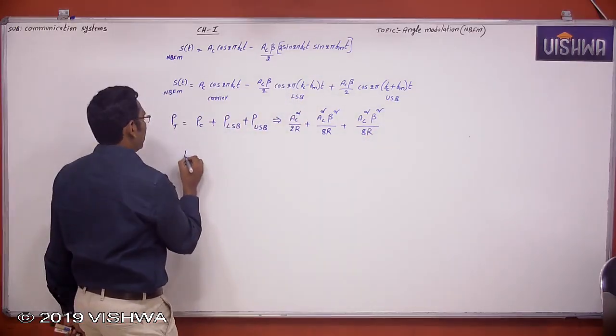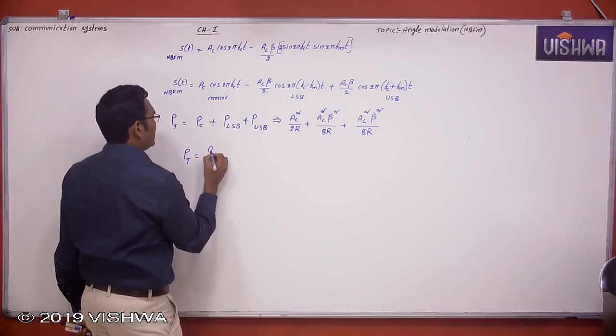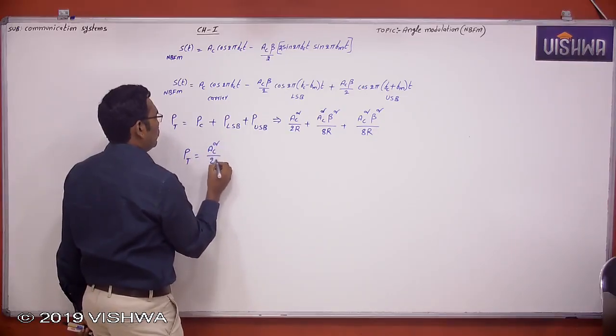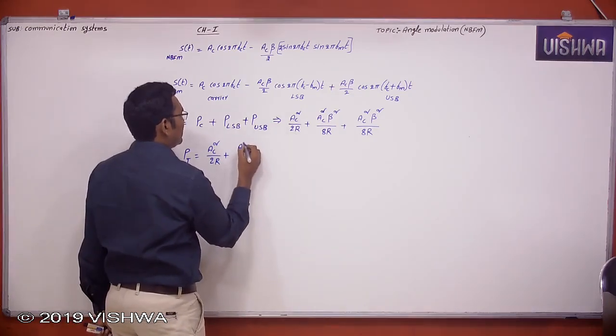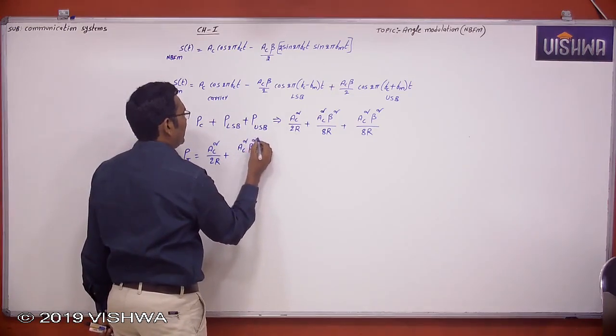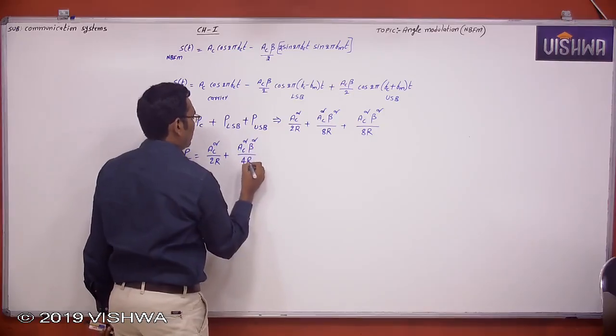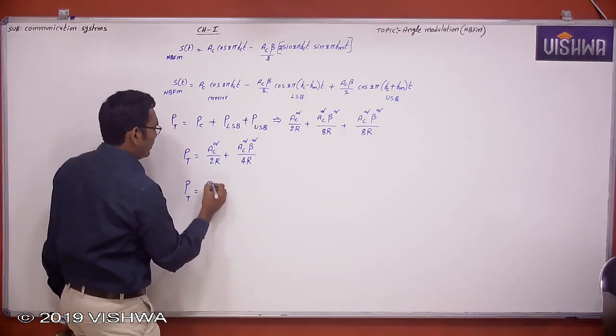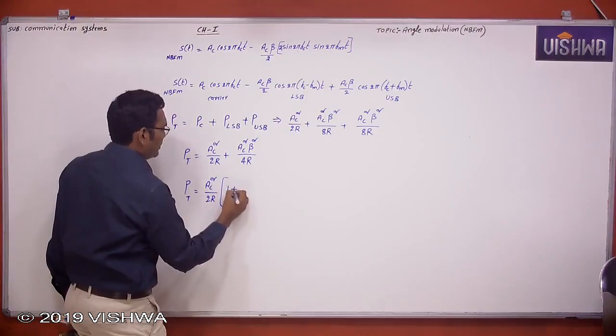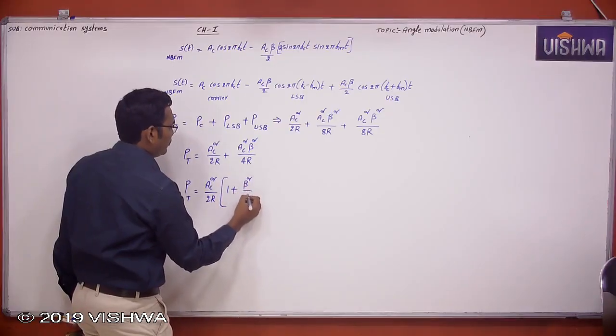The total power is equal to Ac squared by 2R plus Ac squared beta squared by 8R plus Ac squared beta squared by 8R, which is Ac squared beta squared by 4R. Therefore, the total power is equal to Ac squared by 2R taken as common, times 1 plus beta squared by 2.